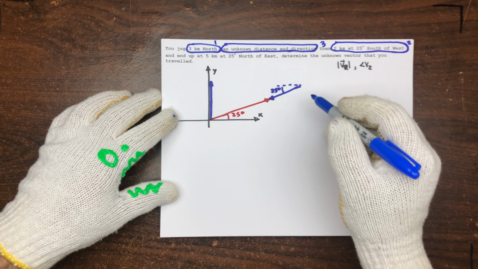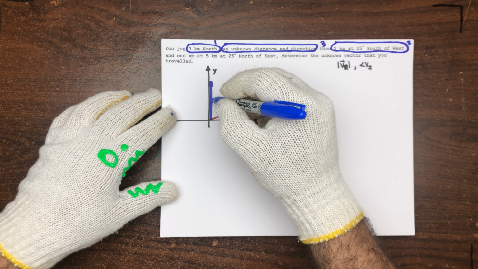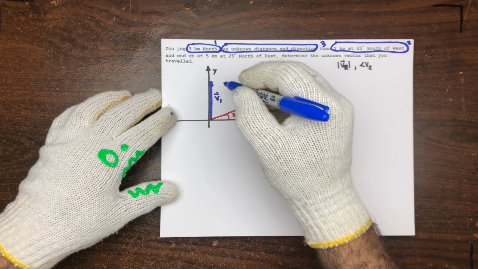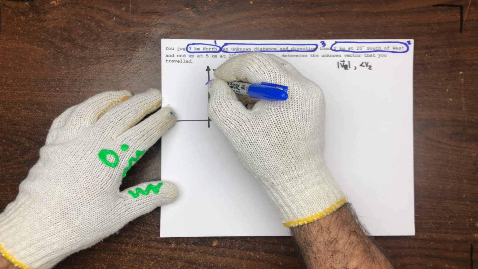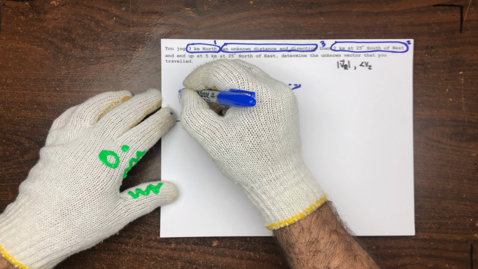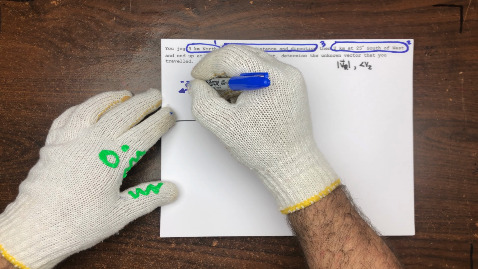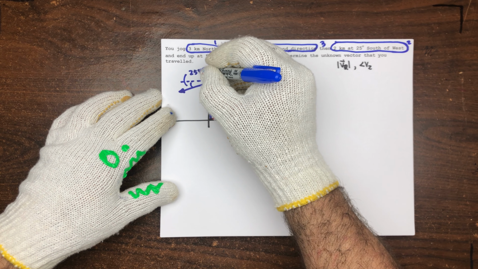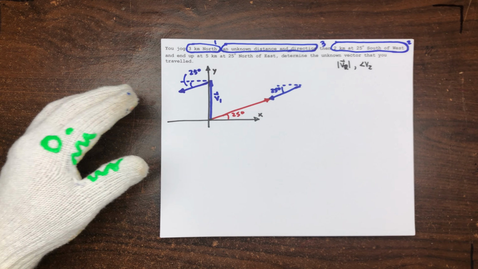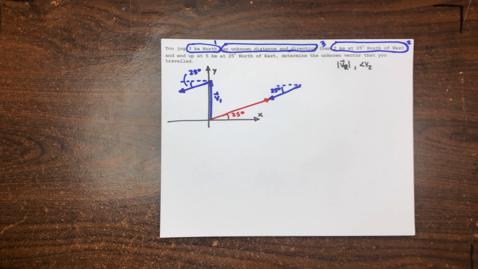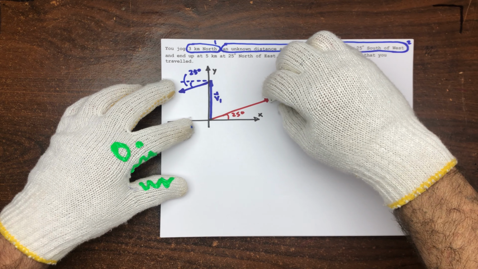And if you had something like this, you wouldn't have to try to figure out in the middle. So I'm just going to call this V1 vector. I'll call this one V2 vector, because then I traveled here of my 2, and this is going to be 25 degrees here. And then my unknown distance.